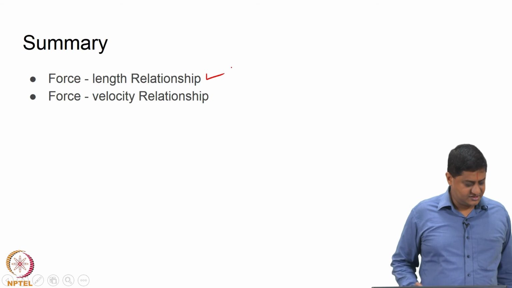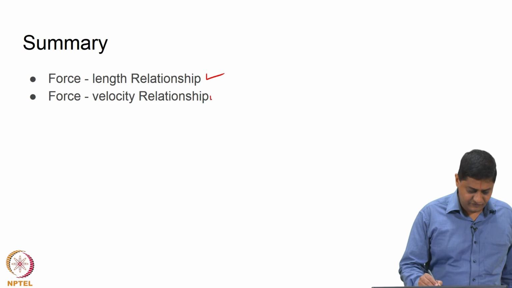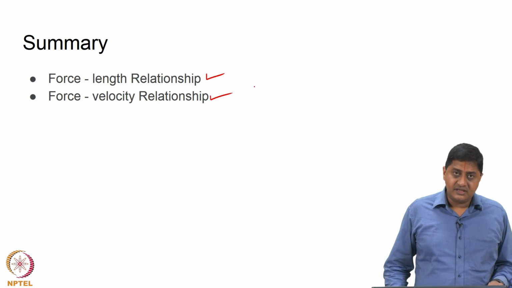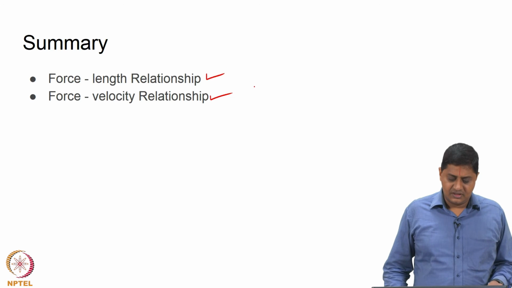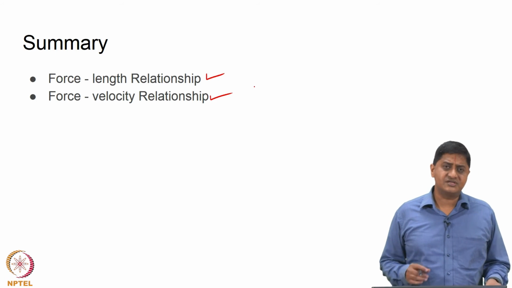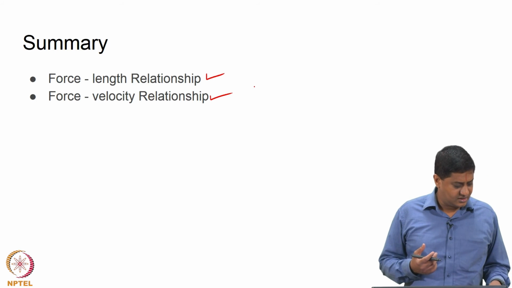Force length relationship and force velocity relationship dictate to a large extent how forces are produced within a muscle, within a condition, depending on the situation. They have very important implications and consequences in biomechanics.